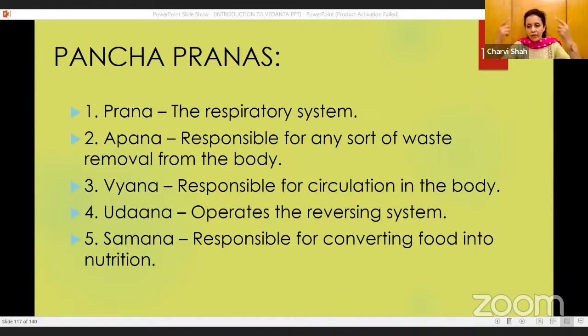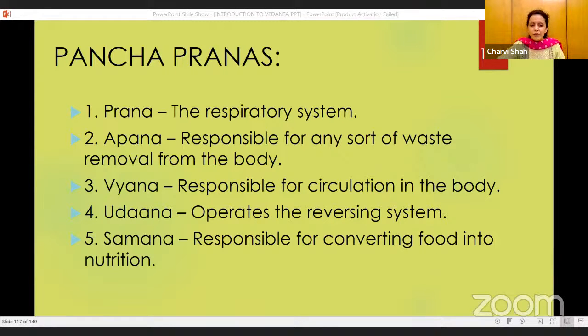The normal process is downwards. It has to be removed from the body. So Udana is used. Even any of the reflexes, those immediate reflexes that come, even if a hair gets stuck and the immediate reflex that we get, that is all Udan. So the reversal function, the reversal system. And finally, the Saman.